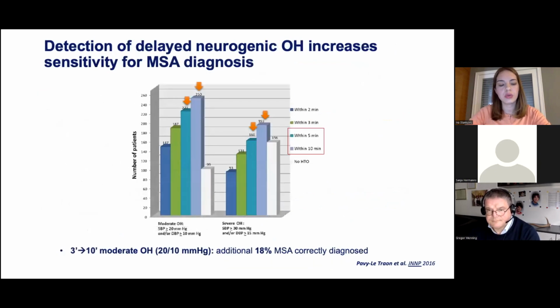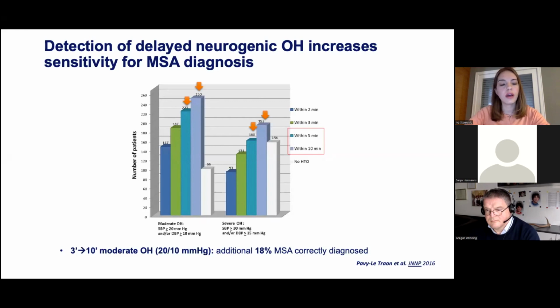And when we know that the hypotension is neurogenic, then the question is how long the orthostatic position should last, and what would be the cutoff for the orthostatic hypotension.